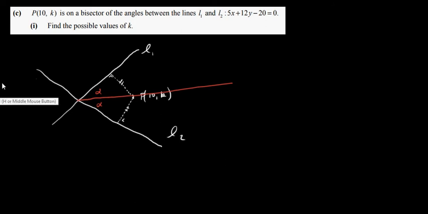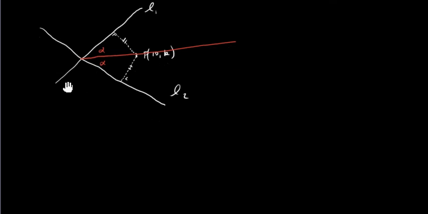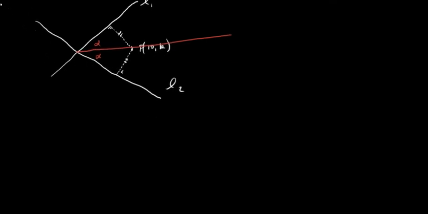Okay, so let's have a look at this. We know that the distance between the point P and L1 is the modulus of 18 minus 4k, over 5. That's this distance here. We've worked that out already.